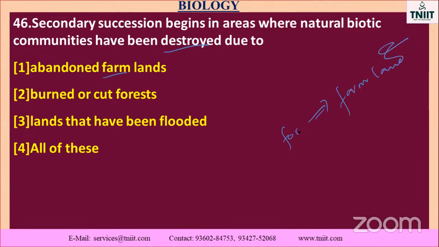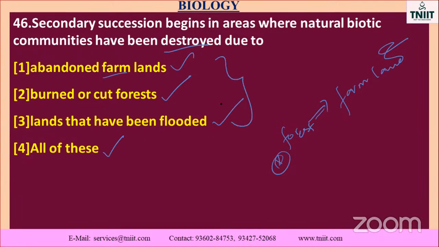Forest area also. This is the first point. Yes, correct. Burned or cut forest, so it is also destroyed. Yes. Land that has been flooded, it is also correct. So the answer is the fourth one.